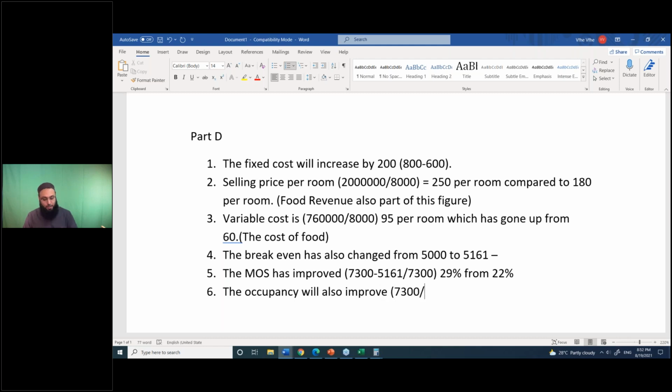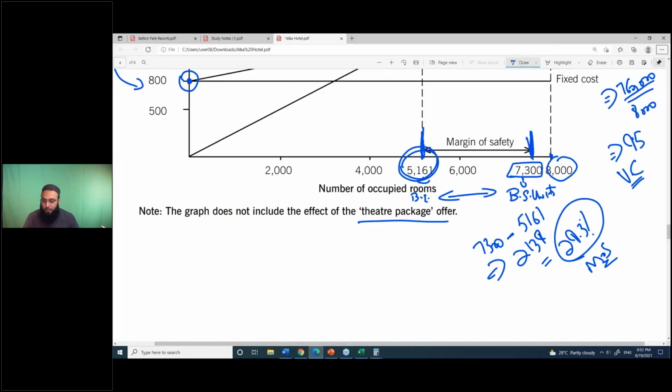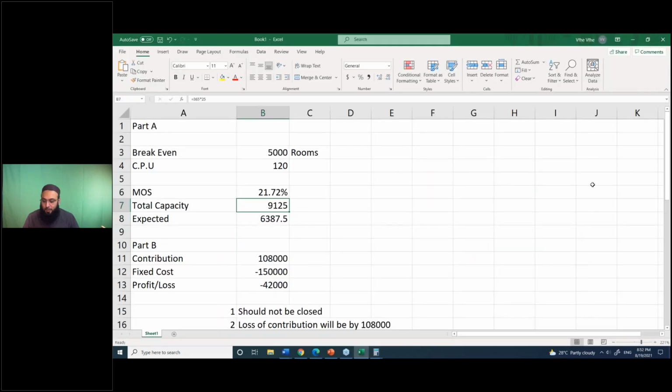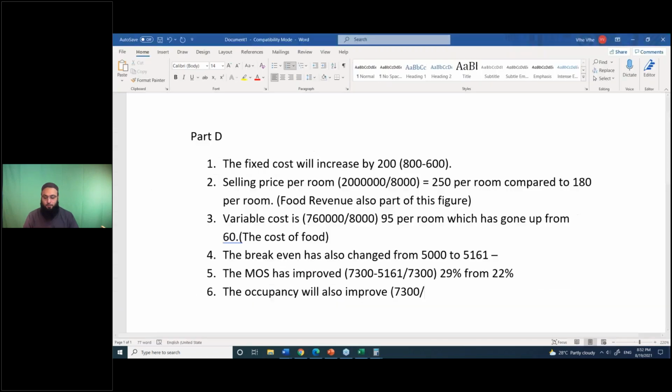7,300 now divided by how many rooms were available previously? Total capacity was of 9,125. Okay. So 9,125, which means that your capacity now is 80%.